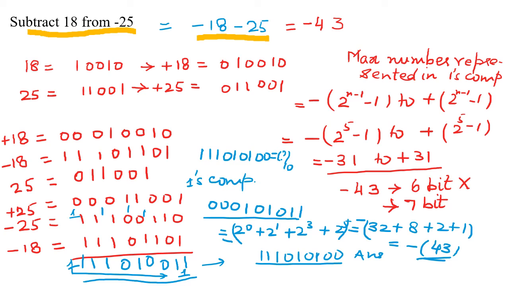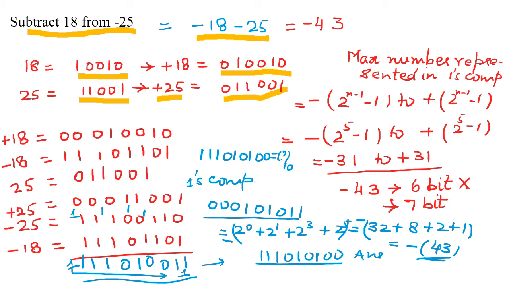The maximum number that plus 18 we calculated earlier, it was 10010, and for plus 18 we add a zero in front, that is 010010. It is a 6-bit number. Again 25 is 11001, so plus 25 is 011001. Both numbers are 6-bit numbers.